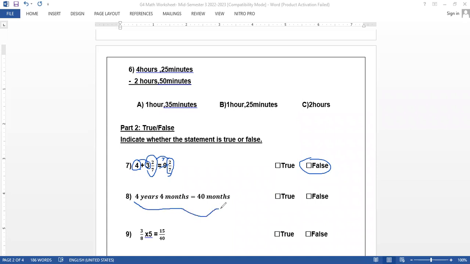Now question number 8, which is about time. 4 years, 4 months equals 40 months. Is it correct or not? First of all, we have 4 months and we have 4 years. We know that 1 year equals 12 months, but we have 4 years. So 4 multiply 12, because 1 year has 12 months. 4 multiply 12 is 48.